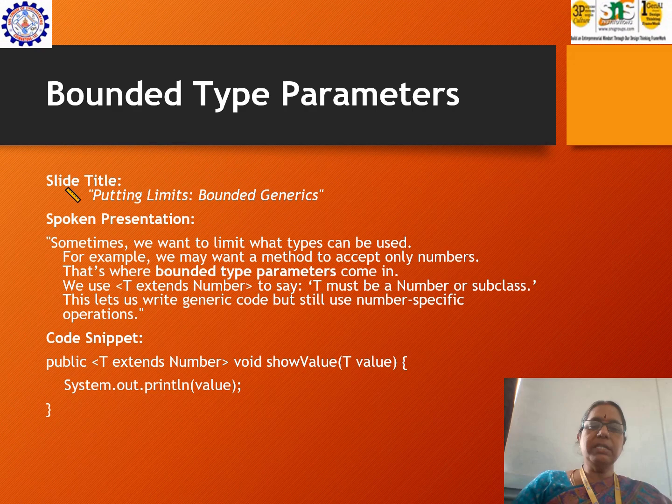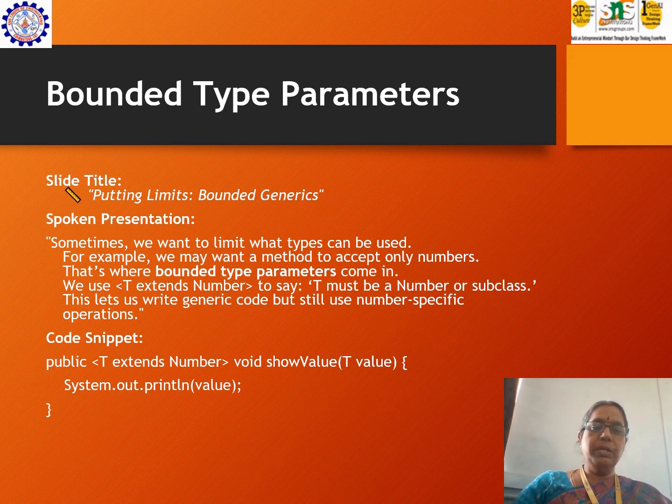That's where this bounded type parameter is going to be often used. We use T extends Number to say that T must be a Number or it can include a subclass of Number. Let us write a generic code here for this particular number-specific operation.